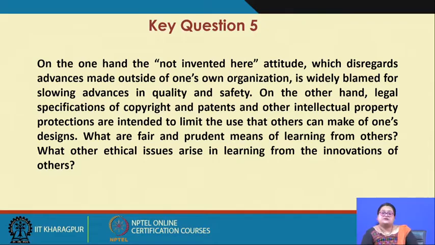This is a very pertinent question which follows from the case, as you have seen. If we are always talking of intellectual property protections, copyrights and patents, then how can others learn, how is knowledge going to spread, and what are the ethical issues involved in learning from the innovation of others?